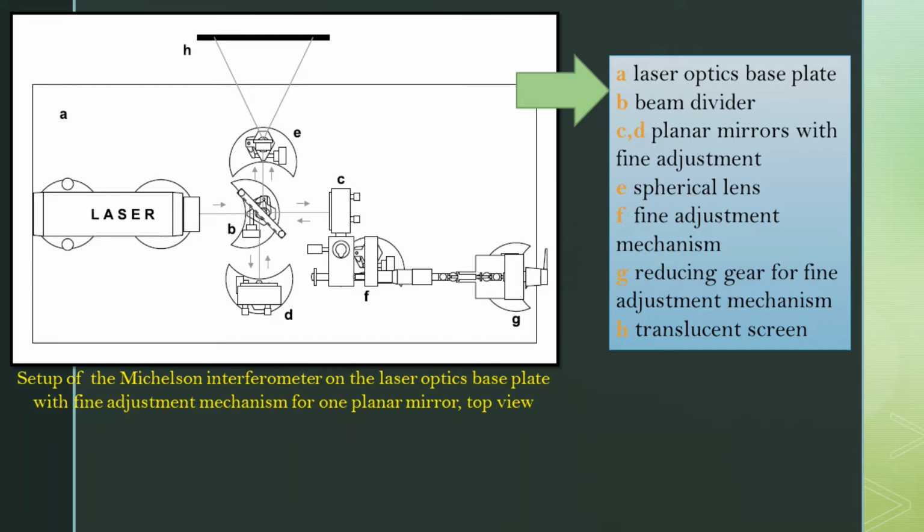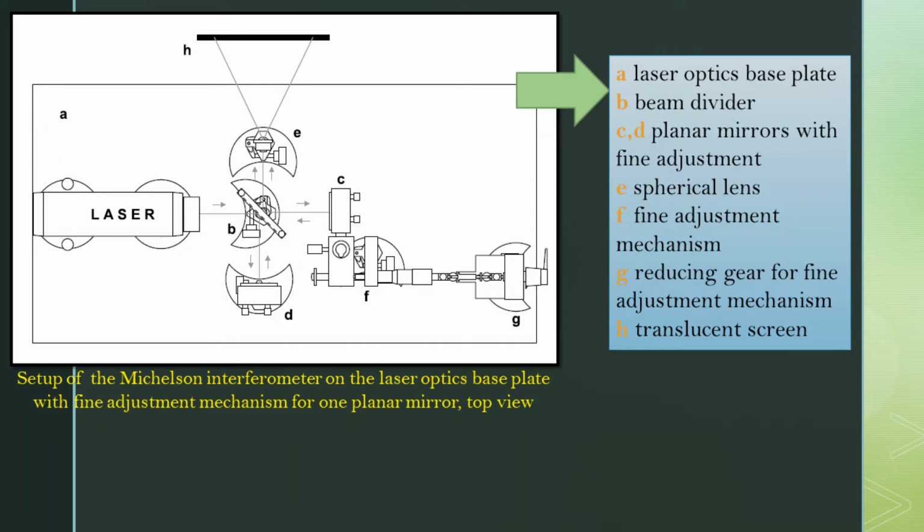If the angle of the beam divider is 45 degrees, then the beam incident from the laser source to mirror D will be normal, and the beam reflected from C and mirror D will be normal as well.